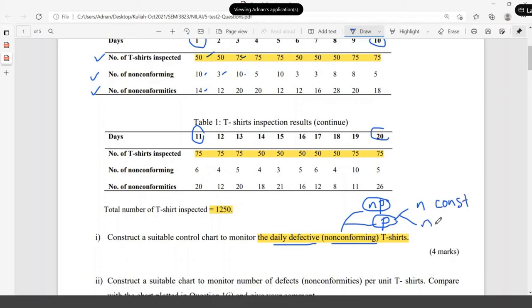P chart is okay whether n is constant or variable. NP chart needs n constant. So it is not for U chart and also not for C chart, because it's asking daily defective, which is non-conforming. A non-conforming chart is either P chart or NP chart. Is that okay?